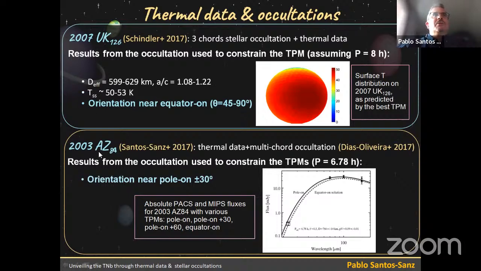The same for this object, this Plutino 2003 AZ84. Again, using the result from the occultation, we constrain the thermophysical models and can obtain information about the orientation of the spin axis. That is one of the quantities more difficult to obtain.